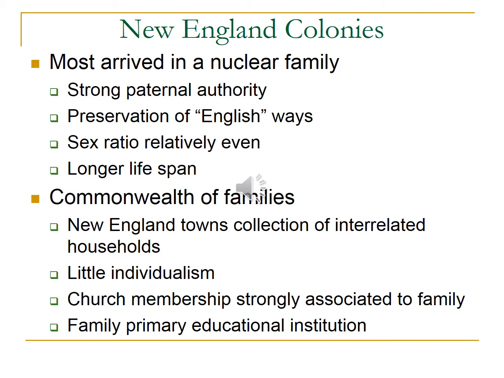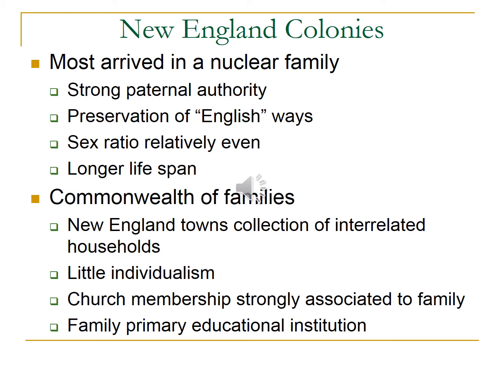But as I said, most arrived as a nuclear family. Strong paternal authority, meaning the father ruled the house. As I mentioned, they were attempting to preserve English ways. The sex ratio was relatively even, the same number of men and women, and of course a relatively equal number of children being raised, which made for a stable society. Everybody could find a mate.